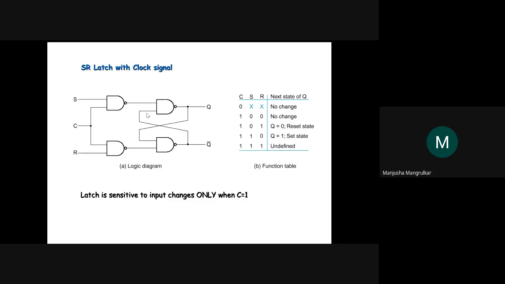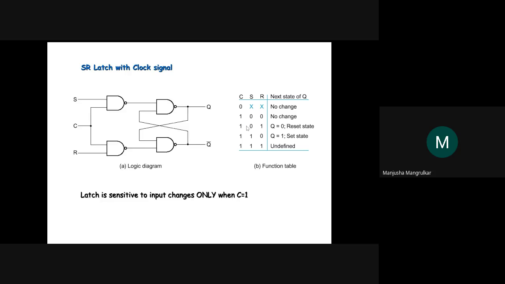This 1 comes over here, giving 0, and again 0 comes over here. It continues whether the clock is 1 or 0. Q plus 1 and Q complement plus 1 won't change; it will be constant. So there is no change.